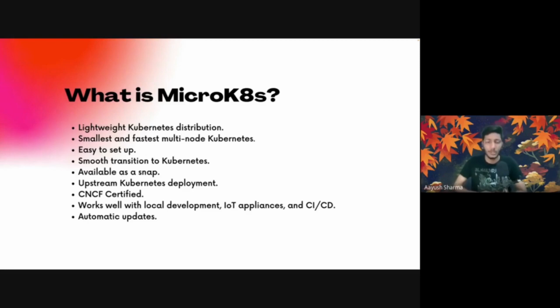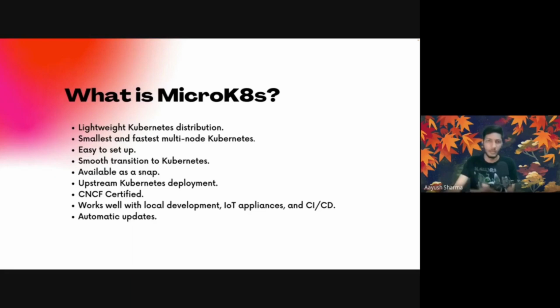The easy setup and fast production help in decreasing the complexity of management, deployment, and scaling of containerized applications. All these factors can further help with a smooth transition to Kubernetes.